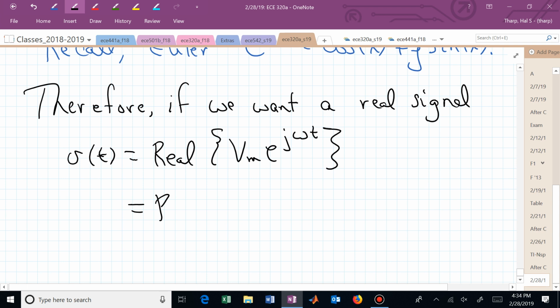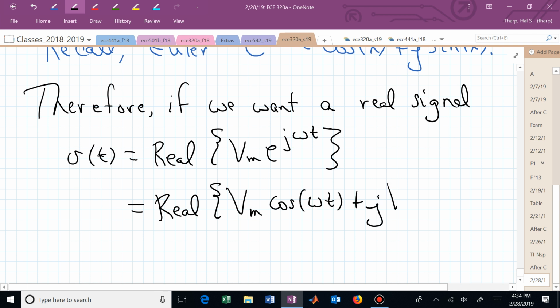Or we now have the real part of v sub m cosine omega t plus j v sub m sine omega t.